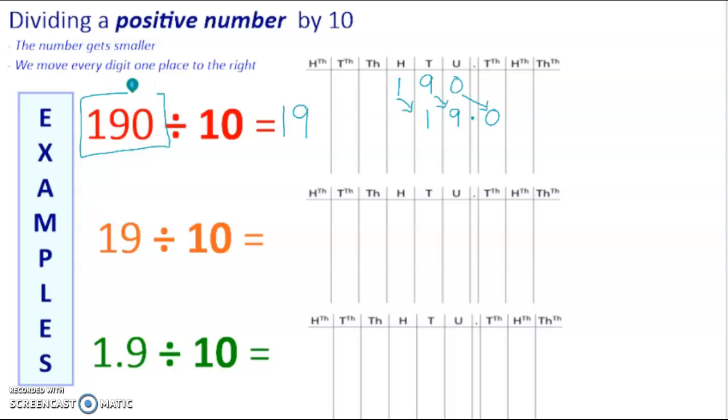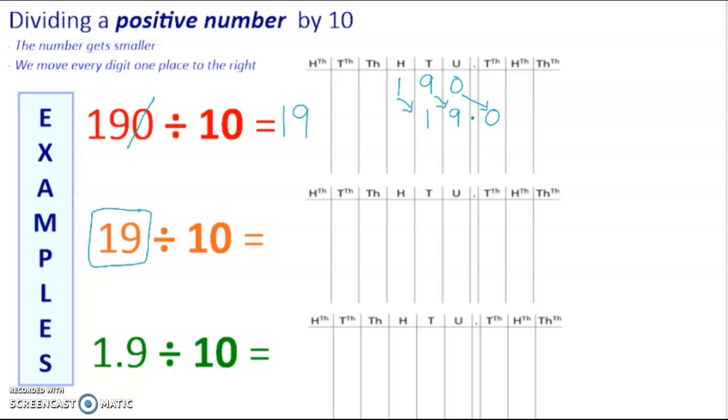And really, we are just taking that 0 off the end, which is a really handy trick to know, but it doesn't always work. Let's look at our second example, 19 divided by 10. For this one, I can't just take the 0 off because there isn't a 0 on the number. And that's why I need to be able to use my place value chart.